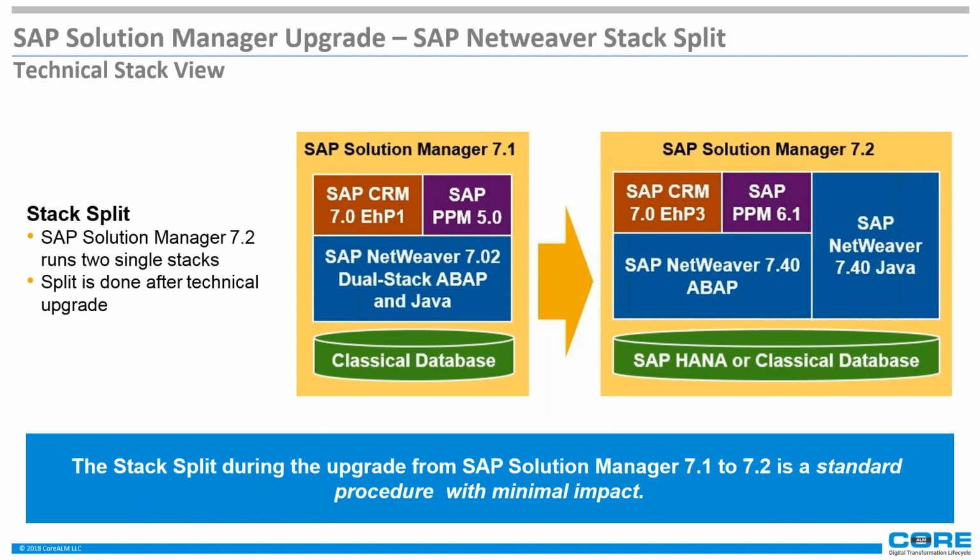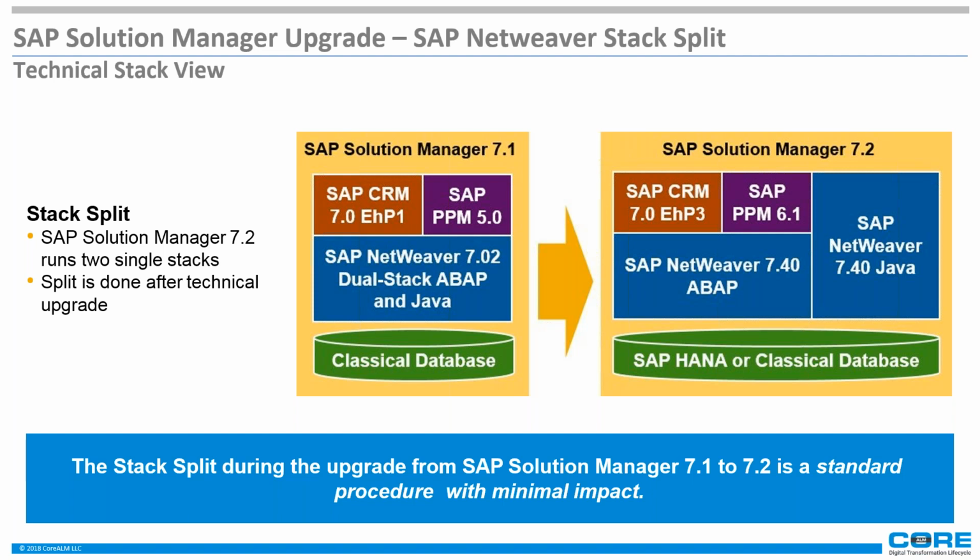And from a technical point of view, there is quite a bit that's changing from a Solution Manager perspective. The CRM functionality is pretty much the same. You have an enhancement pack version upgrade of the CRM component. Then the PPM component gets upgraded, but the biggest change is the Netweaver stack.